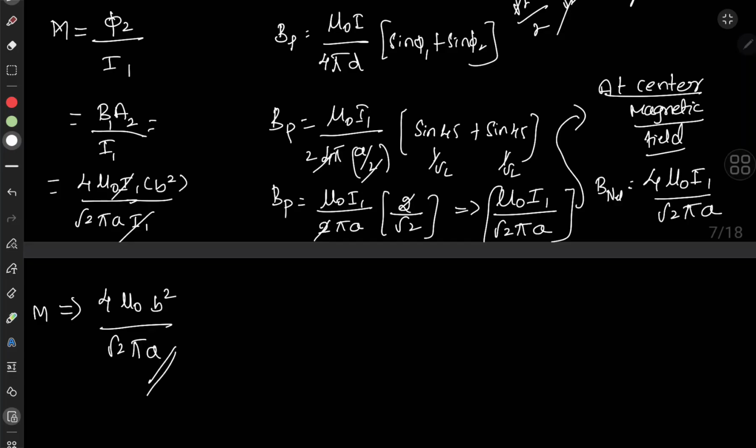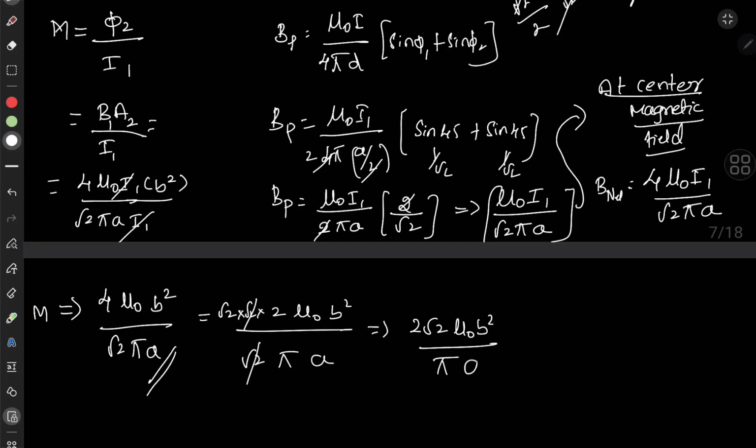Further, 4 can be written as 2 into 2, and then mu naught a square divided by root 2 pi a. Again 2 can be written as root 2 into root 2, and the root 2 cancels. Then we can write 2 root 2 mu naught a square divided by pi a. So this is the expression for the mutual inductance value.